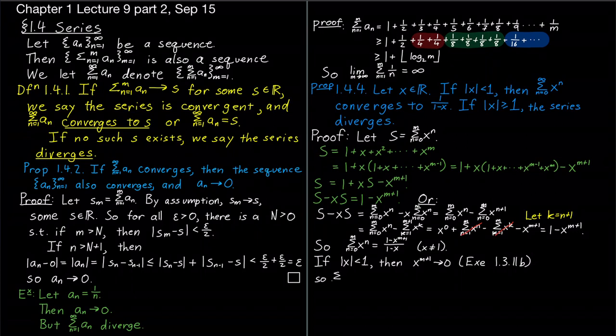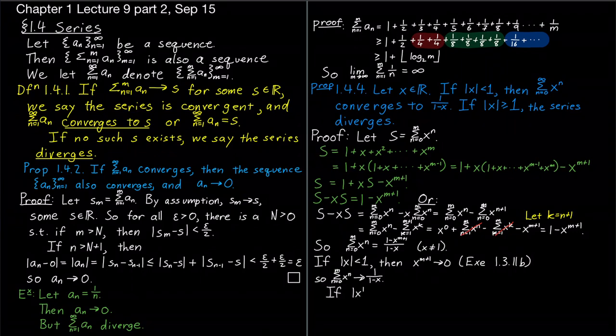So our sequence of partial sums is converging to exactly the thing that our problem statement said it was converging to, 1 over 1 minus x. We're left with the case where x is bigger than 1 in absolute value.